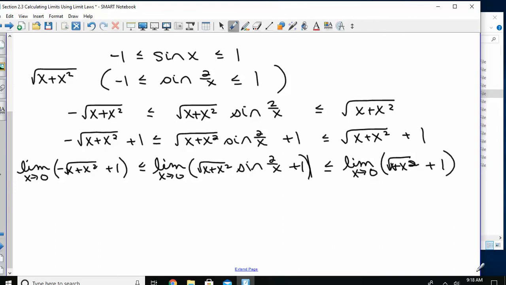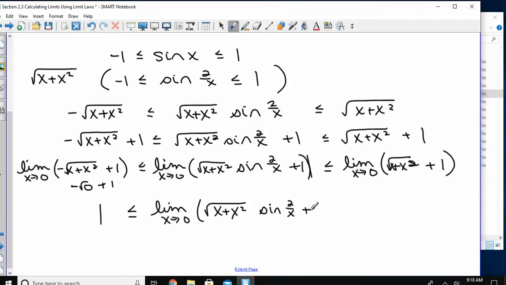On the left and the right, as long as we get an answer that's defined, we can plug them in. So if I put in a 0 here, I get a negative square root of 0 plus 1, so that gives me 1. Over here, you get a square root of 0 plus 1, so that's a 1.